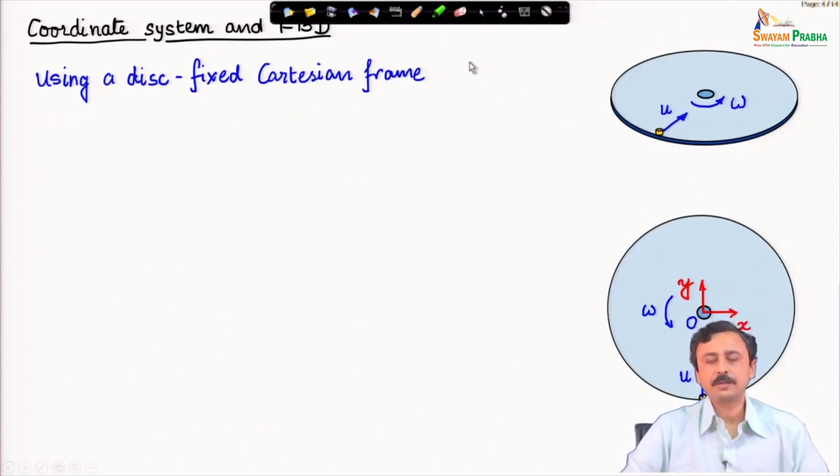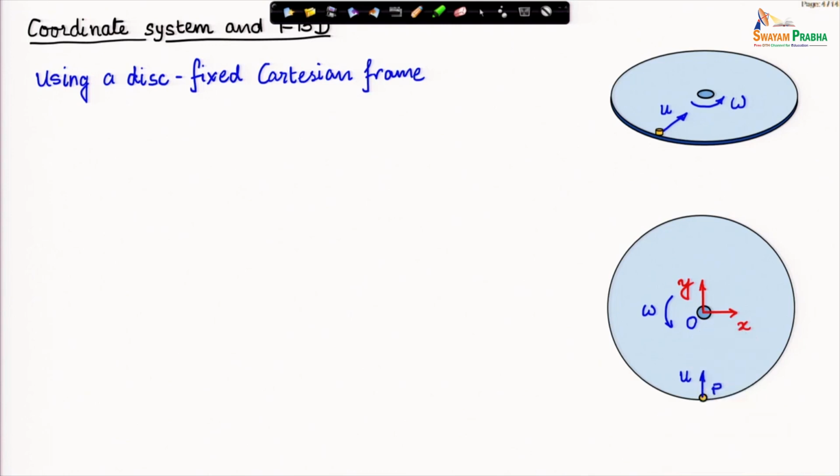First step is to set up the coordinate system. I am going to use the Cartesian coordinate system, which I will fix to the disc. This xyz coordinate system is fixed to the disc. The disc is rotating in a counterclockwise direction as seen from the top.